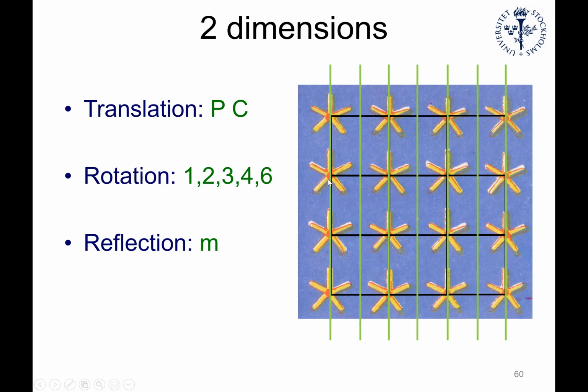Now there are mirror planes that cut through the stars. So the left-hand side of this star ends up being the same as the right-hand side. But there's also mirror planes between the stars. So that relates, say, this star here on the bottom left. If you mirror it along this mirror plane, then you end up with this star here. So you have mirror planes both going through the stars, but also between the stars.